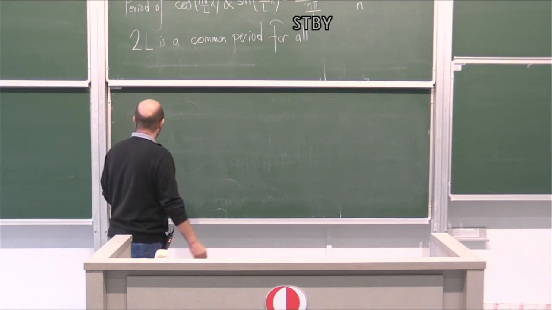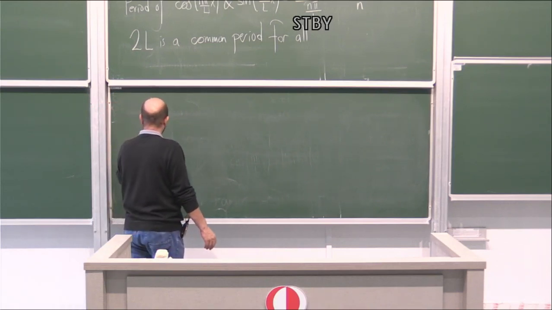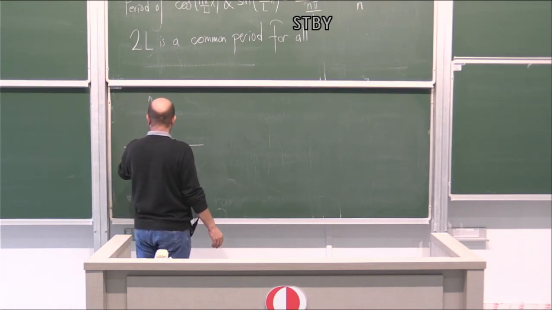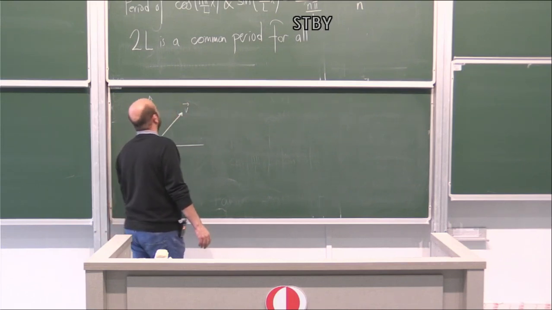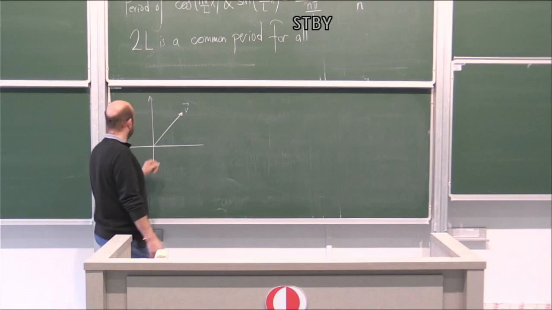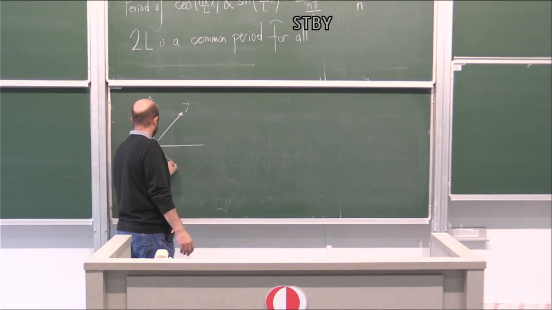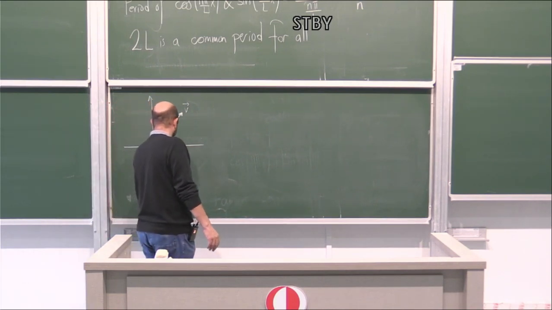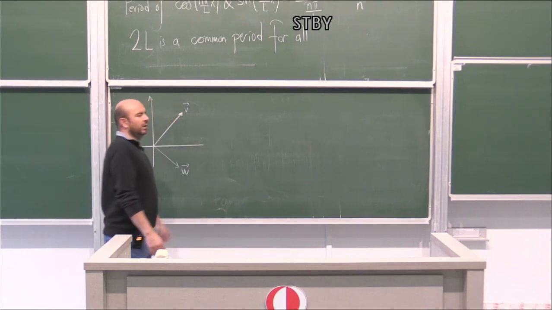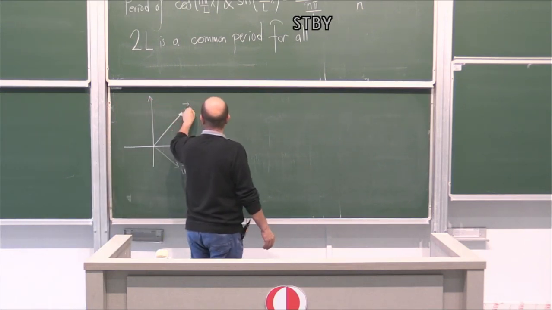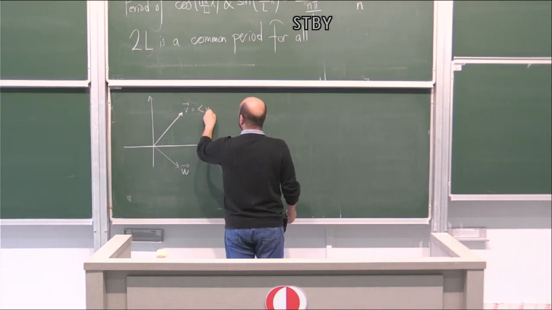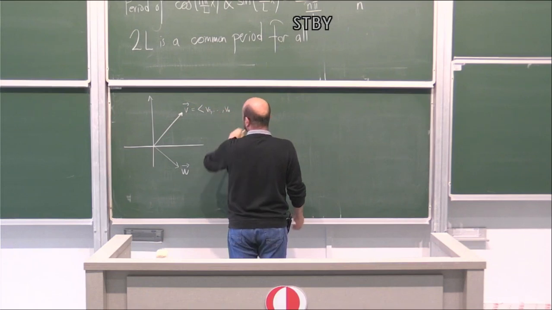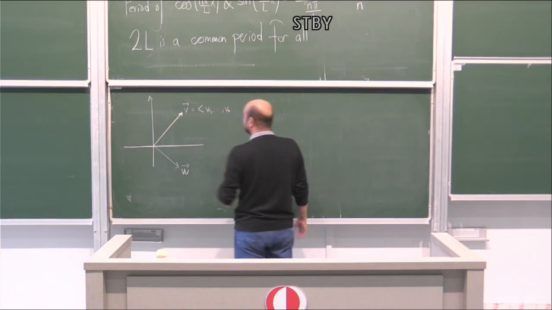When you are given a vector, let's say v, and let's say w, and in terms of coordinates v is v1 through vn, and here I'm drawing something in n-dimensional space.